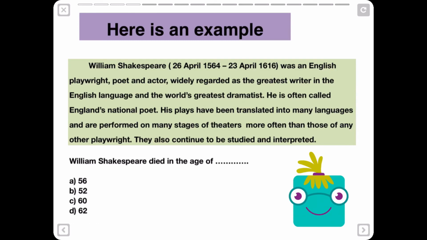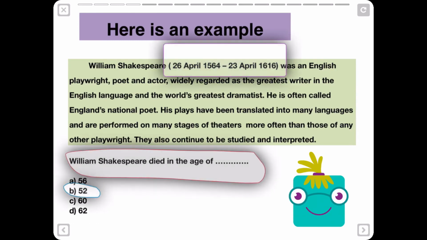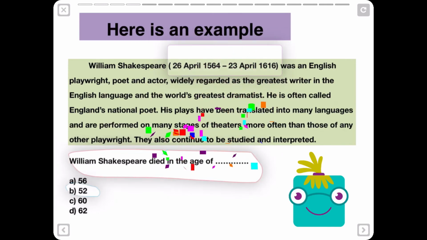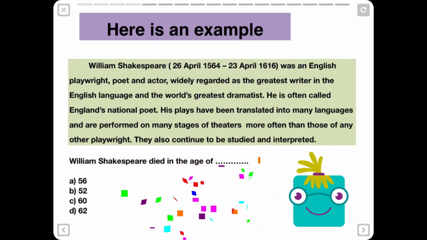Read the passage and answer the question. So here in the passage, they give the question, William Shakespeare died at the age of. We want to know how old William Shakespeare was when he died, okay?